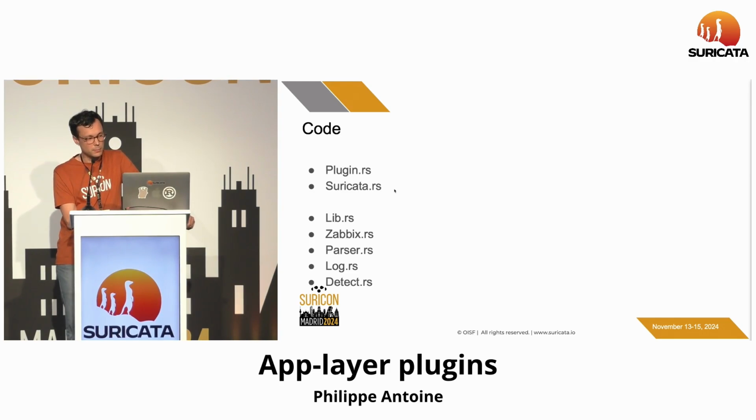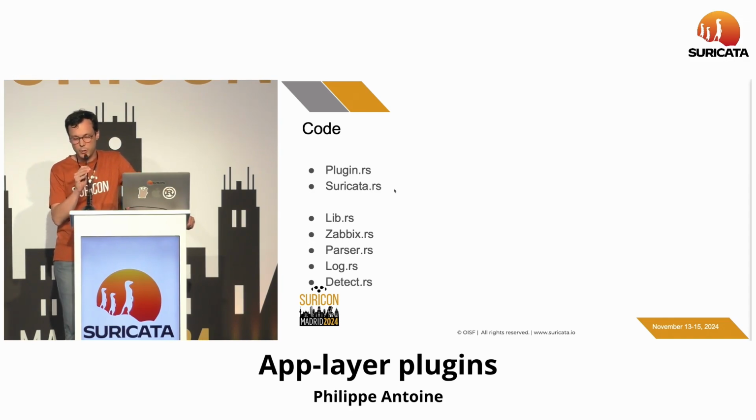Yeah, and so basically the source part of the plugin is, as in the below part, the traditional files that you would find in the Suricata source tree for AppLayer.